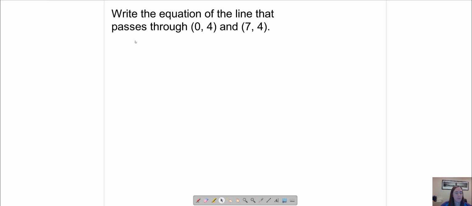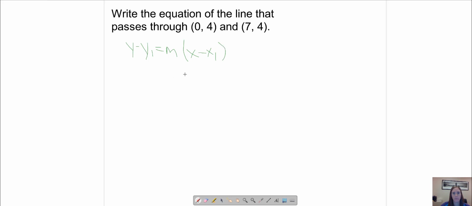But basically, anytime you're given points, the easiest way to write an equation is to use the point-slope form. What that means is you're going to have y minus y1 equals m, which is your slope, times x minus x1.